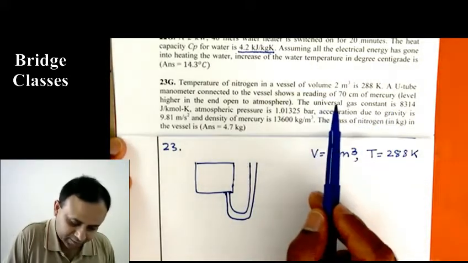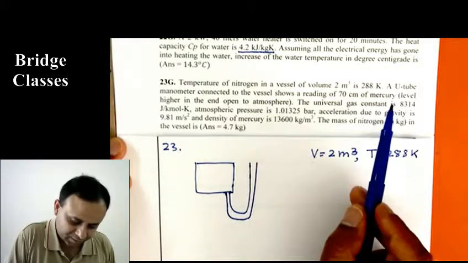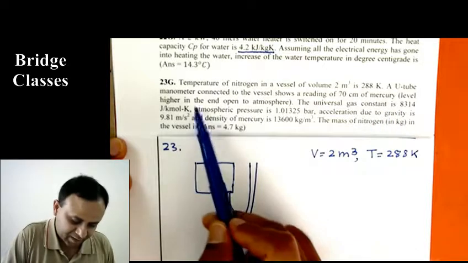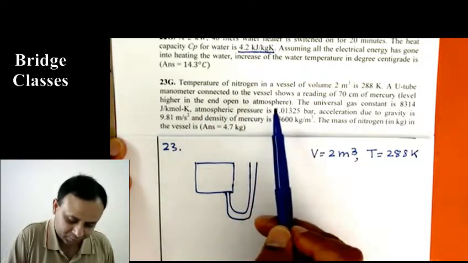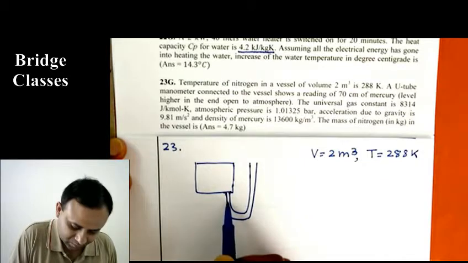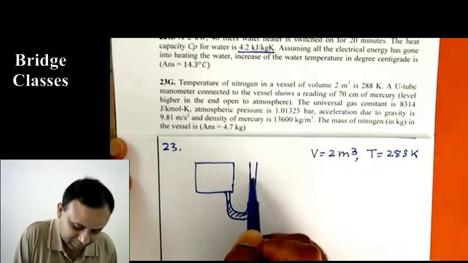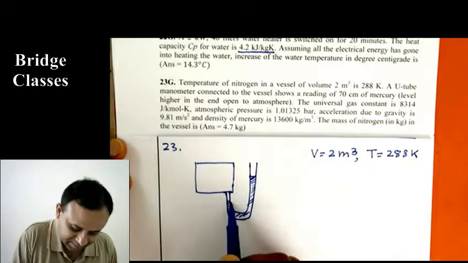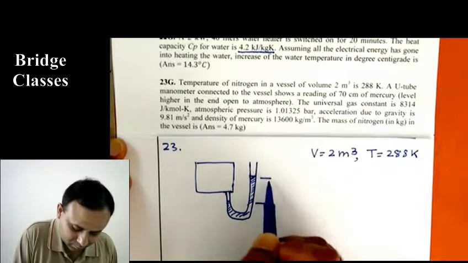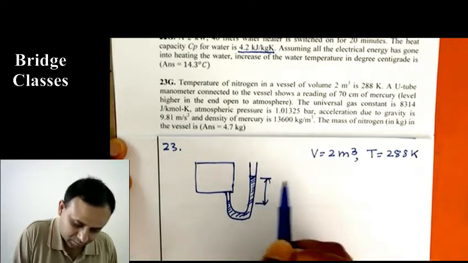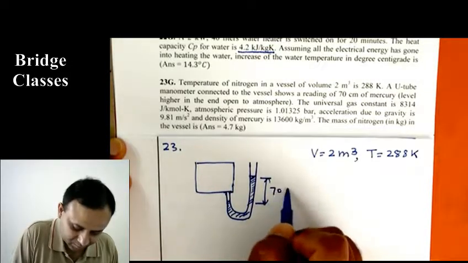It shows a reading of 70 centimeter of mercury, level higher in the open end to atmosphere. So it is like this. If mercury is like this here, then the level is higher on the open side, and this distance, this is 70 centimeter.